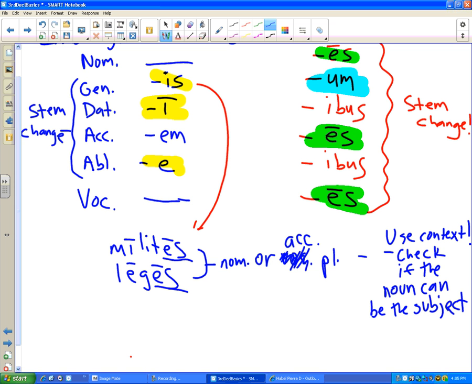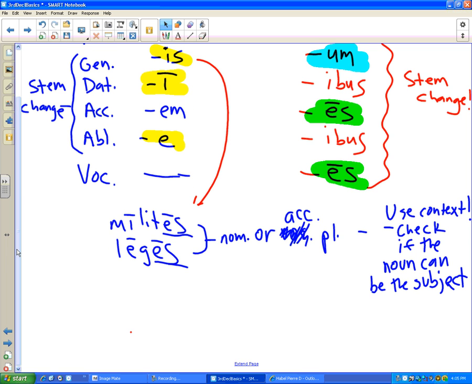If the verb is a verb like laudo, I praise, or spectat, she watches, there's no way that these words could be the subject, and so you're going to be more inclined to handle them as accusative, as the direct object in such a sentence. So checking the verb is a really good first step.